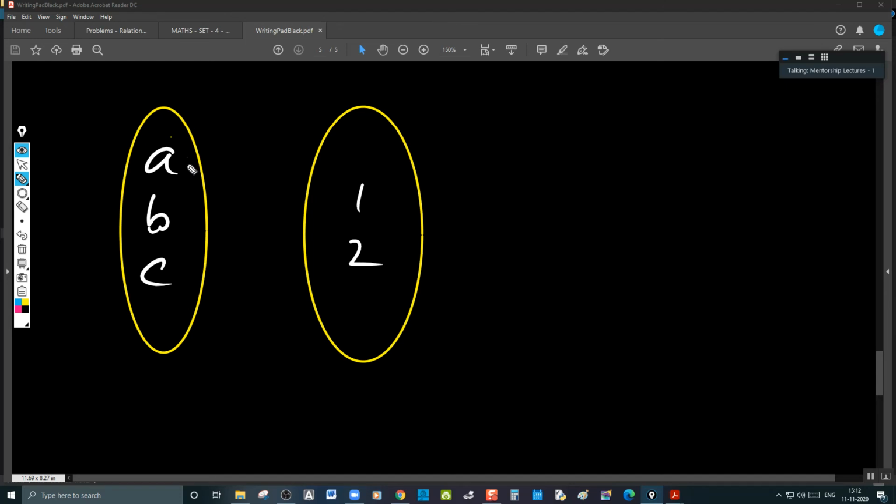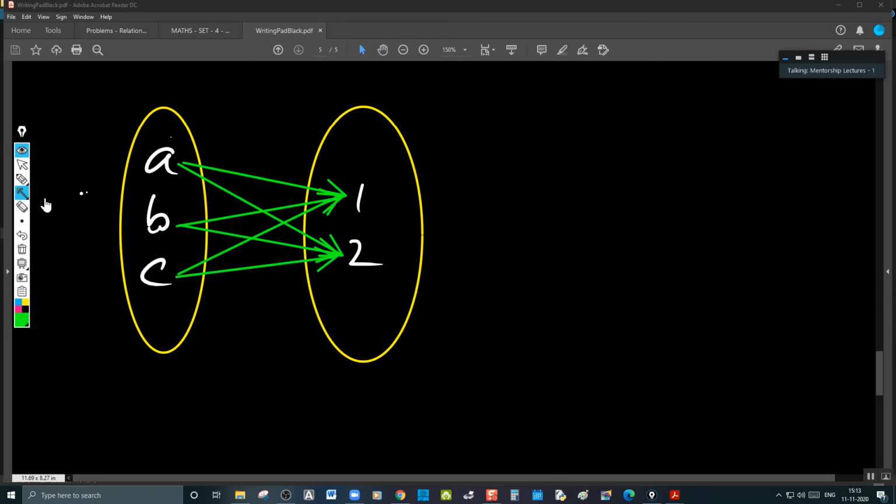If you want the relation between them, you can map A to 1, and even A to 2 also. B to 1 and B to 2 also. C to 1 and C to 2 also.